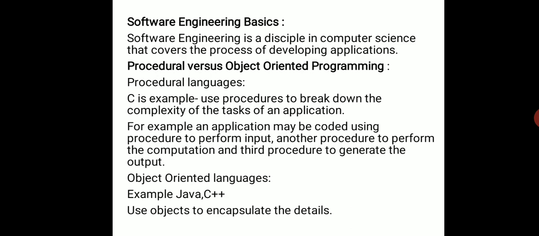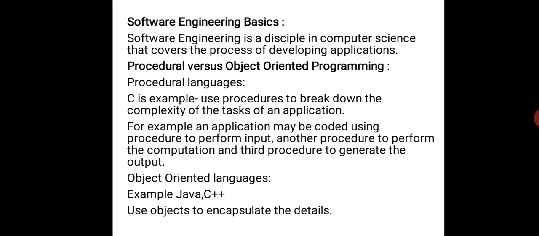So you will have different procedures to perform different actions, and these procedures can be called in main any number of times. So no need to write the code again and again. Once you write that procedure code, it can be called in the main any number of times. Already you have used these functions in C programs.